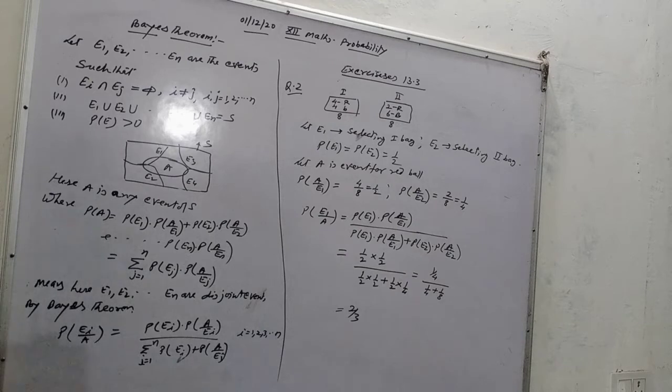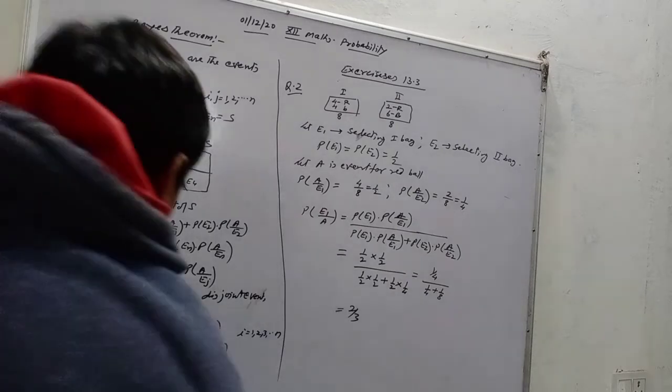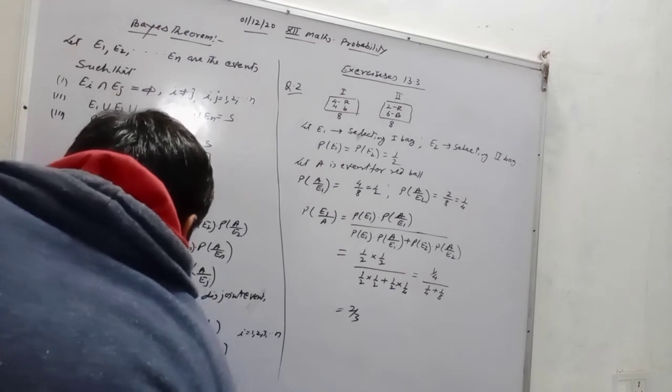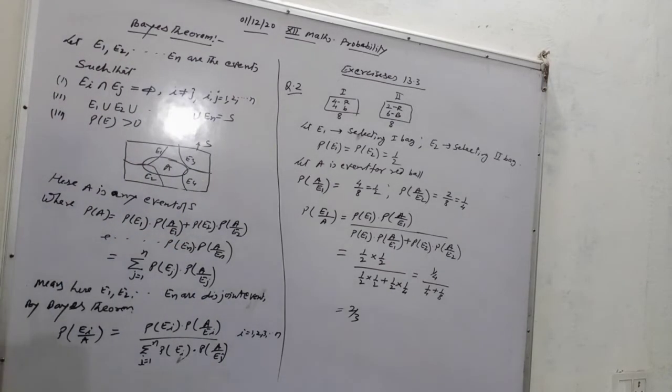Now the denominator is adding all the total probability. Total means P(E1) into P(A/E1) plus P(E2) into P(A/E2) plus so on up to P(En) into P(A/En).